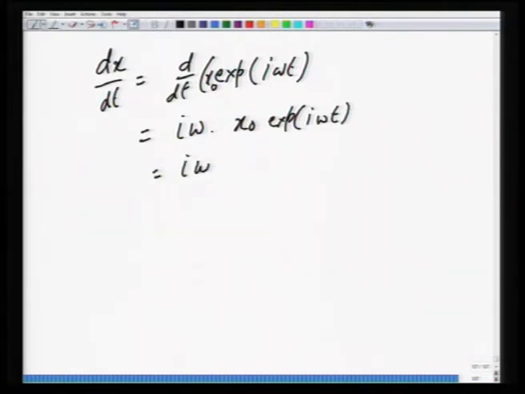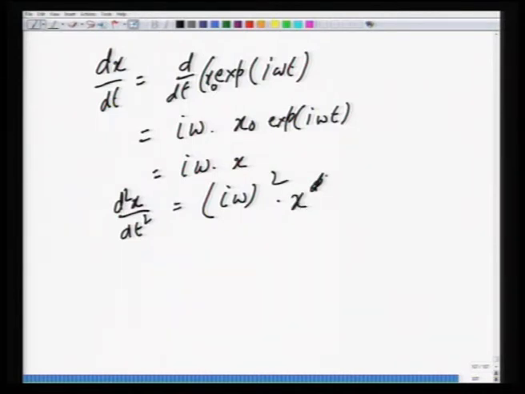So, this would be i omega into x again, and then d2x by dt square would be i omega square into x. All you need to do is put in the values of x: for the restoring force term x, for the damping force term i omega x, and for the acceleration term i omega square into x, which basically becomes minus omega square x.